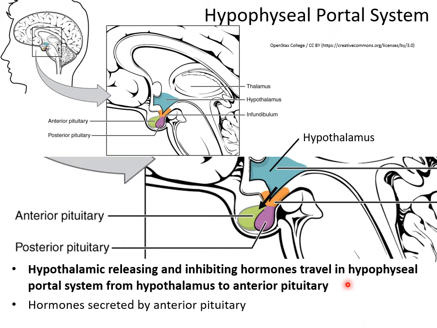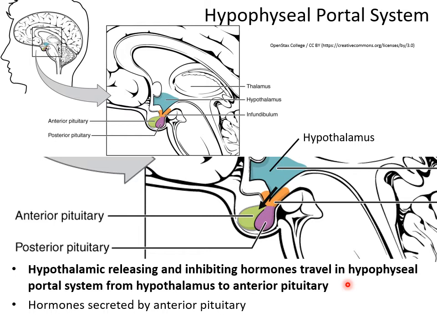Basically, what happens is there are a lot of hormones that are released by the hypothalamus that travel through the hypophyseal portal system and go directly to the anterior pituitary.